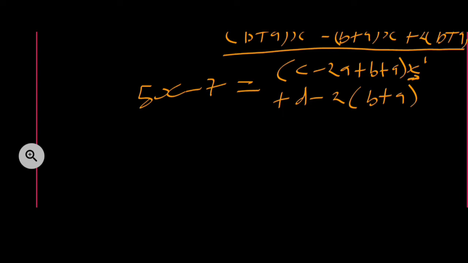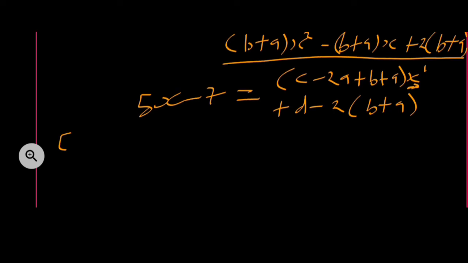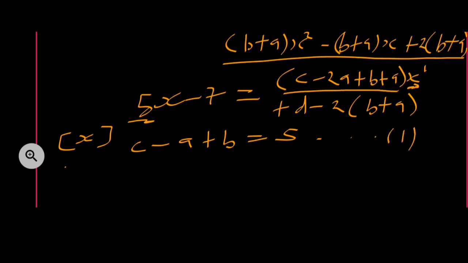Now as you can see at a glance, we can compare coefficients, and doing just that, for the coefficient of x, we have that c minus a plus b is equal to 5, and we're going to call this equation 1. And for the constant term, we get that d minus 2b minus 2a is equal to minus 7.